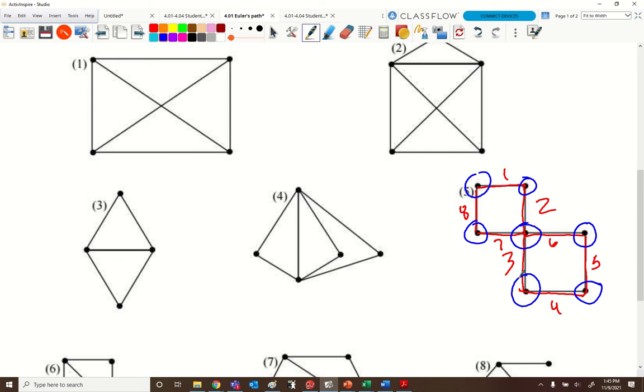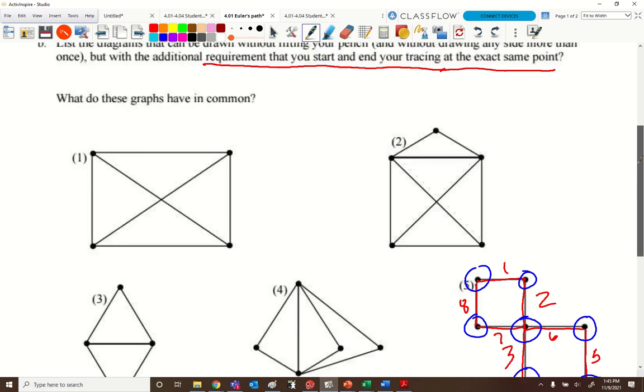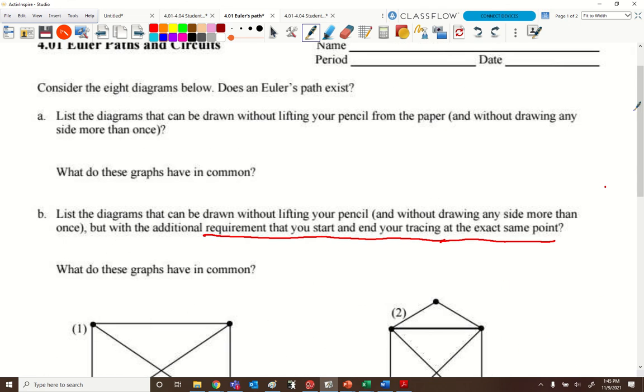All of them are even numbers, so we could use Euler's for this one. This is the definition of Euler's. So this one will count as A, diagrams that can be drawn without lifting your pencil from the paper. Okay, so A works for this one. But what about B? Does B also work for this one? Yes, so you would actually say, yes, this one does work here. And so number 5 does work here, and number 5 does work here.